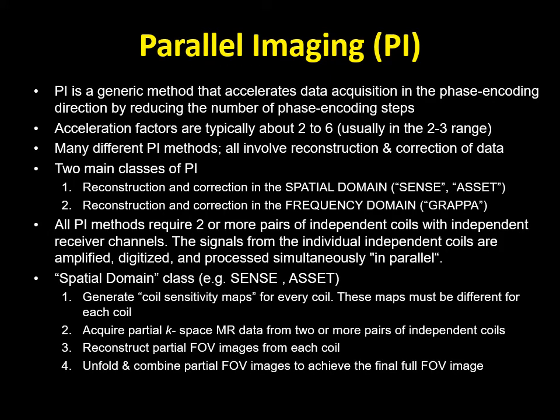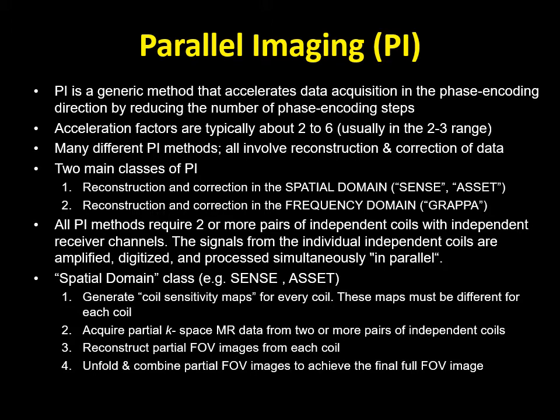Parallel imaging is not a specific pulse sequence. It is a generic method that accelerates data acquisition in the phase encoding direction by reducing the number of phase encoding steps. Acceleration factors are typically about 2 to 6, usually in the 2 to 3 range.